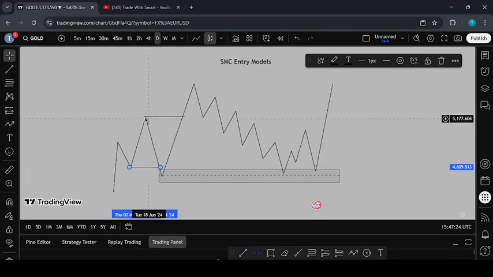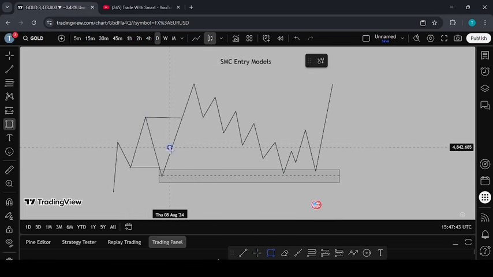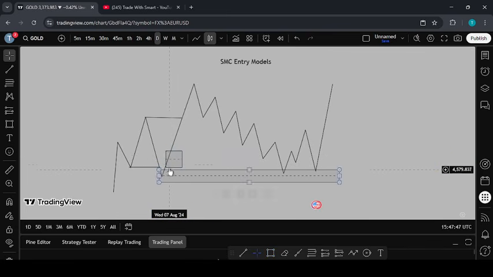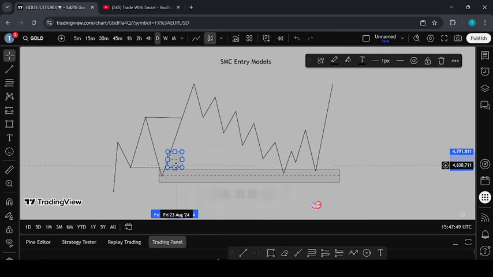Then all of a sudden you see an impulsive move with a break of structure to the upside. You see no form of imbalance, no form of inducement, structural inducement or engineered liquidity resting here. All that will be here is an FVG, a fair value gap, for this impulsive move, right?